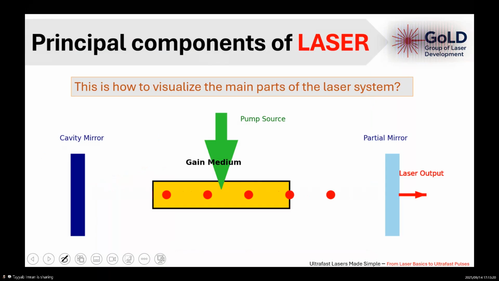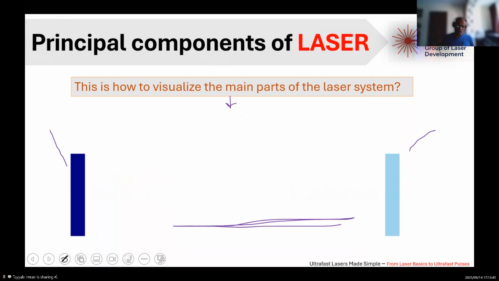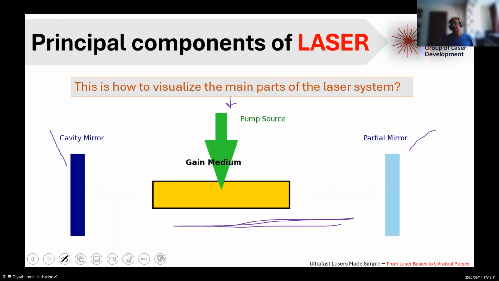They are moving to and fro here and here. When amplified, one of the mirrors is partially polished, and one of the mirrors is fully polished. This only happens if we supply external energy sources like pumping. Whatever laser you have, these are the three principal components of all kinds of lasers: a gain medium, a pump, and cavity mirrors.